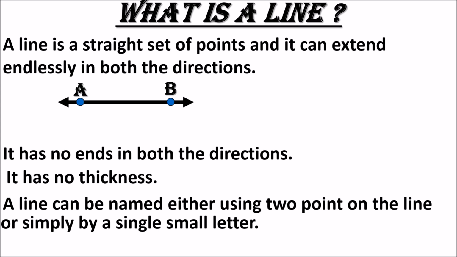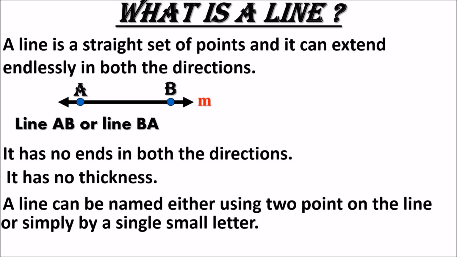Using these 2 points, we can name this line. How can we name it? Line AB. You can say it is line AB, or you can say it is line BA. We can also name this line using a small letter.